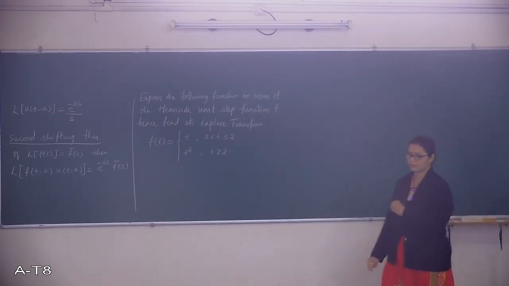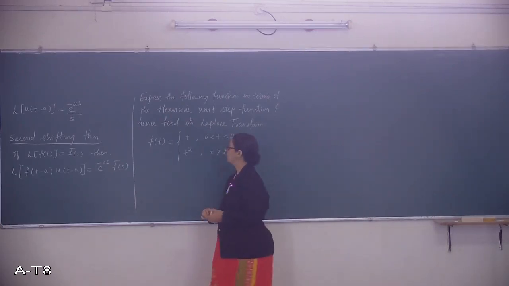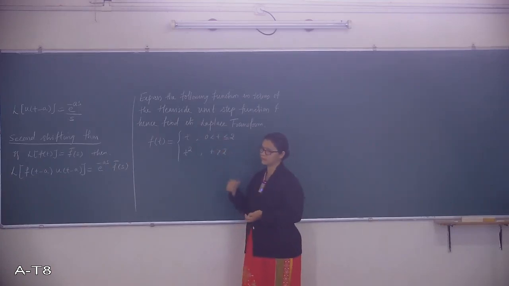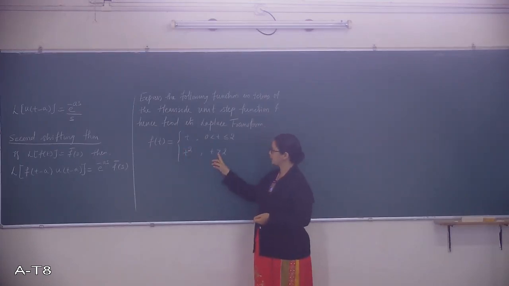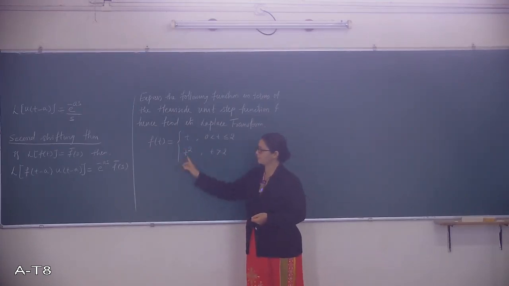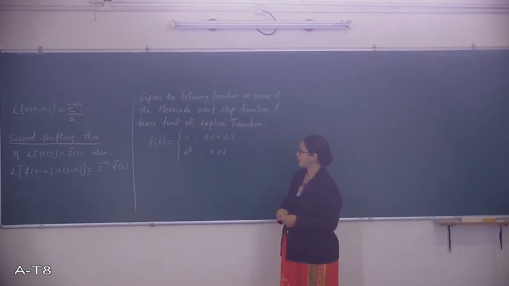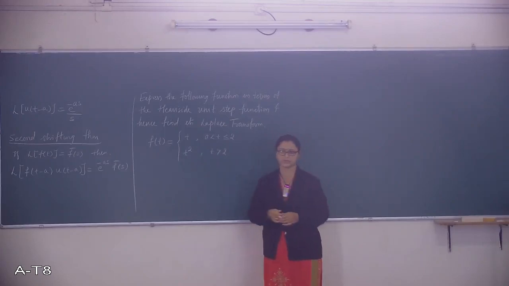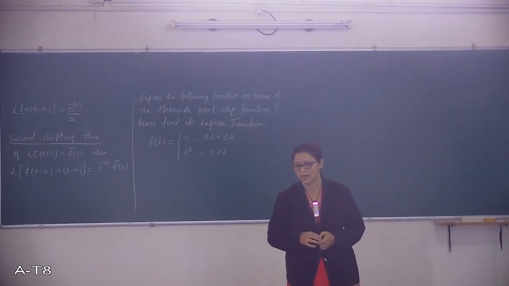So we have f of t in two intervals. In the interval 0 to 2 its value is t, and when t is greater than 2, f of t is t square. Now first we need to express this function in terms of the Heaviside unit step function, and then take its Laplace transform.